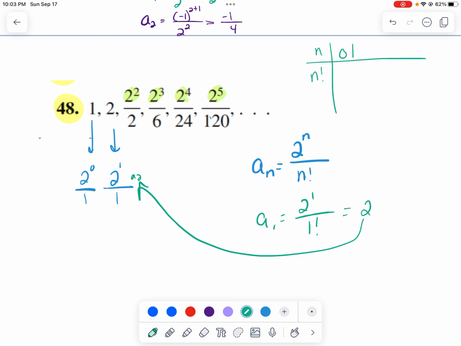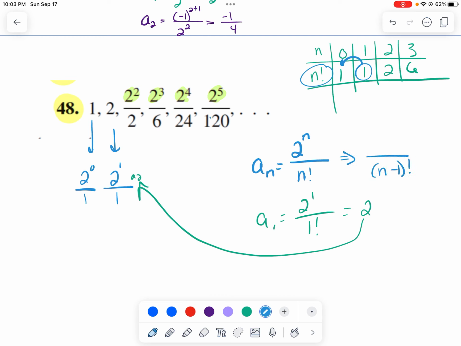And factorial, we had 0, 1, 2, 3, right? So this is 1, 1, 2, 6. So normally, right, we start right here. But if I need to go one space to the left, then I have to take away 1 from wherever the variable is. And in this case, it's in the denominator with the factorial. So we actually want n minus 1 factorial.